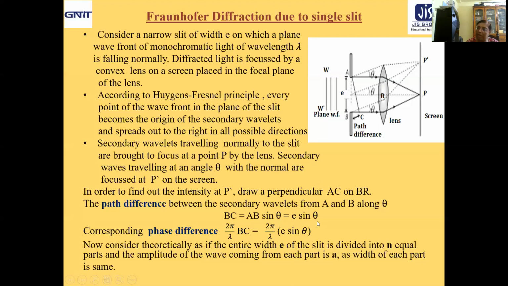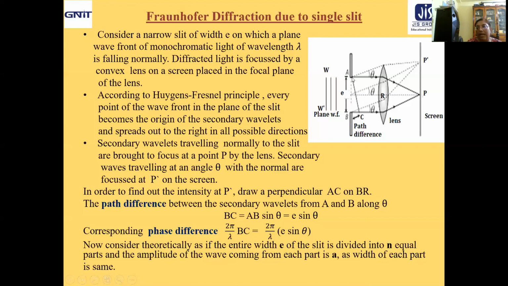Already we mentioned. Now, let us consider theoretically as if the entire width e of the slit is divided into a large number n of equal parts, so that the amplitude of the wave coming from each part is small a, because the width of each part is the same.